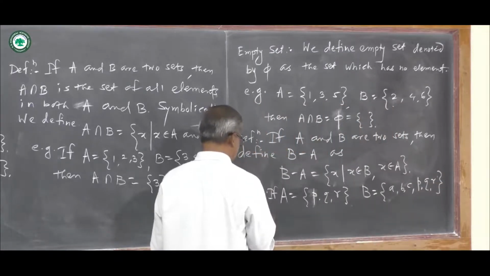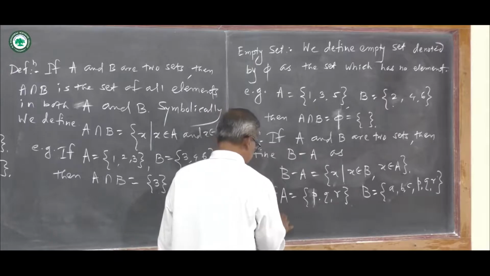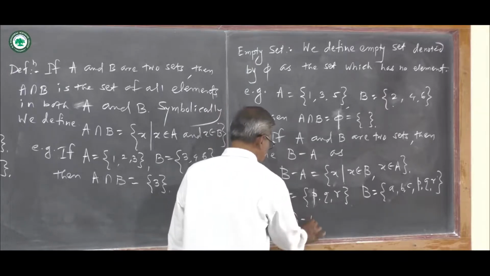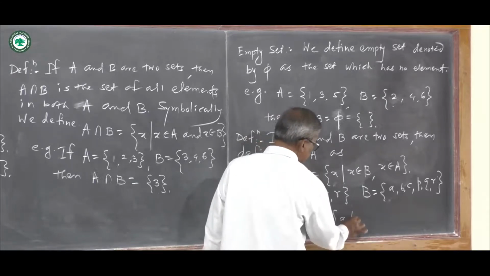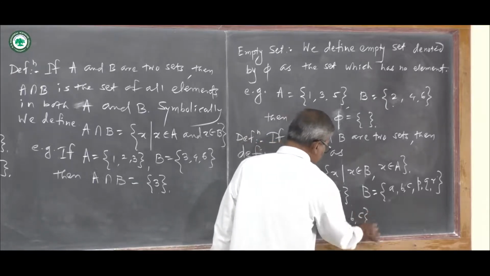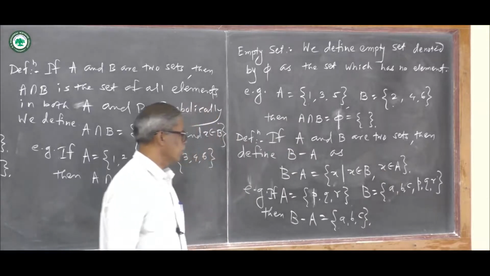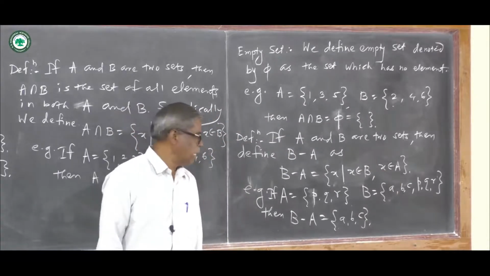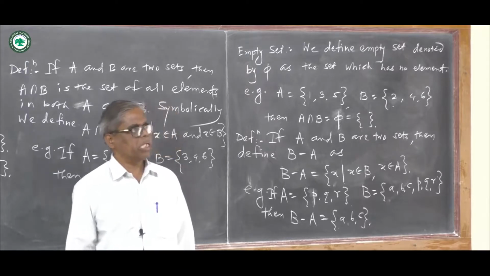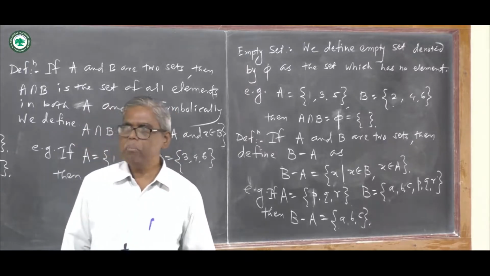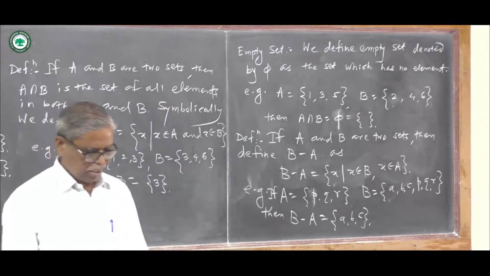Then B minus A is equal to {a, b, c}. X is in B but not in A. That is the set B minus A.